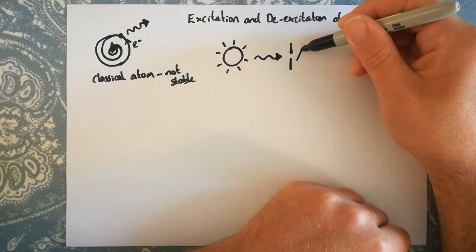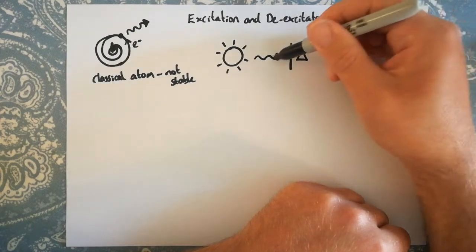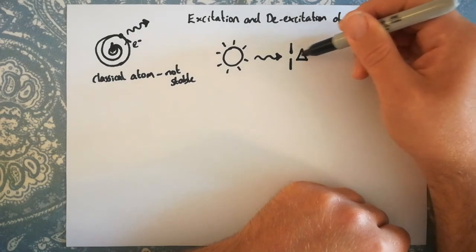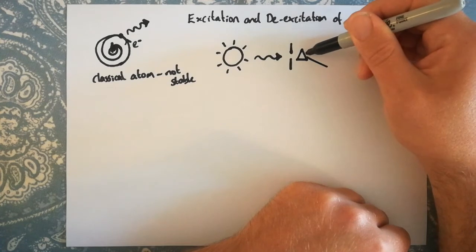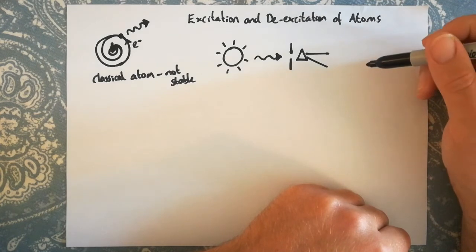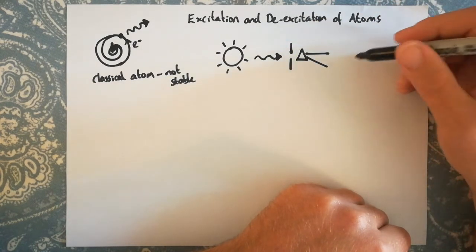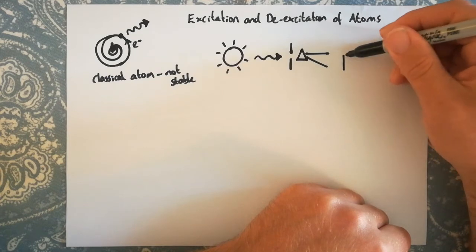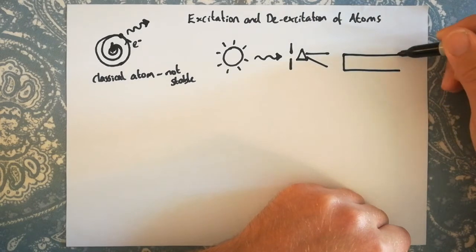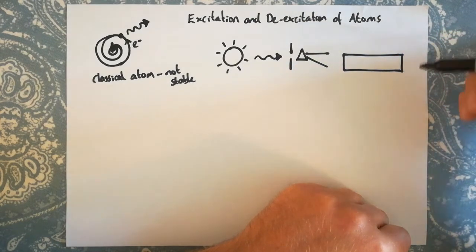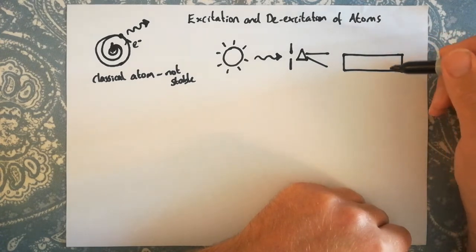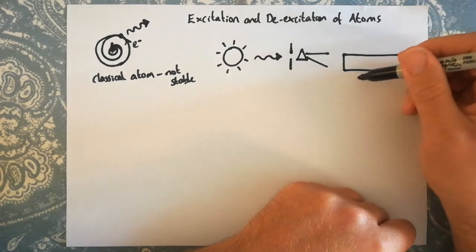If we pass that light into a spectrometer, which we could think of simplistically as a slit that the light passes through and then a prism that splits the light up, refracting it out at different angles, what you see for a specific gas is not a continual range of different colours, but what are known as spectral lines.